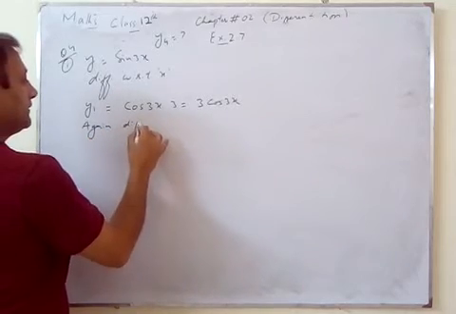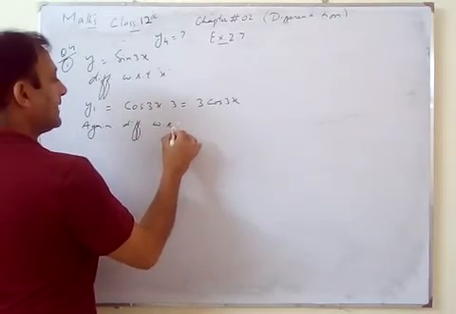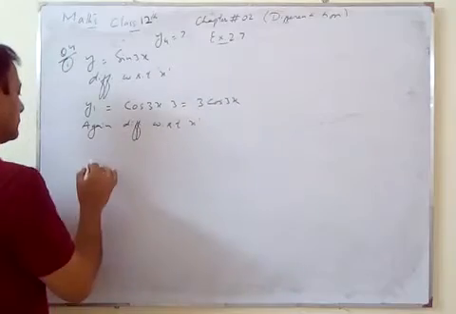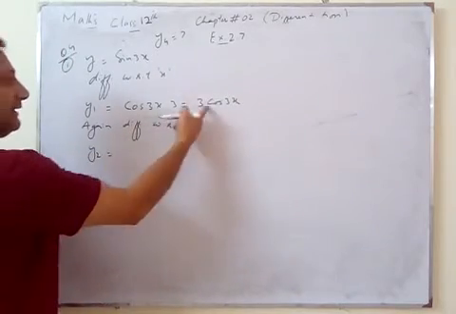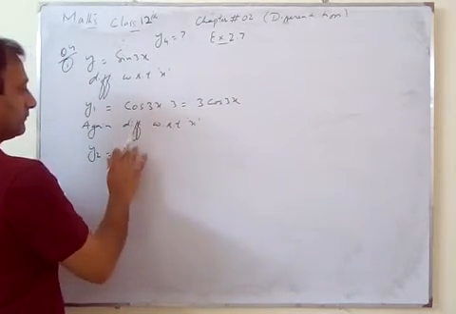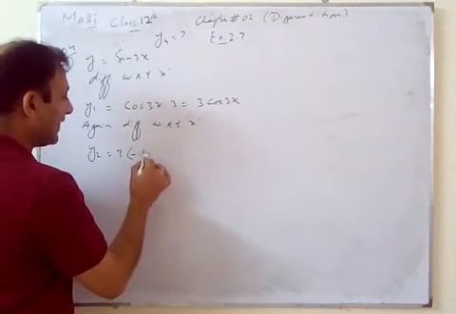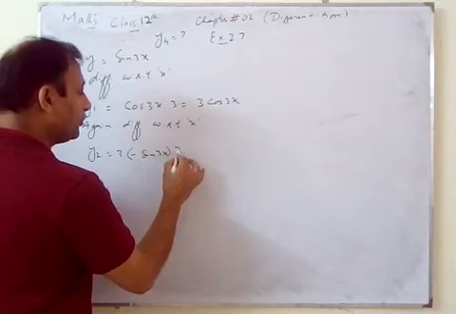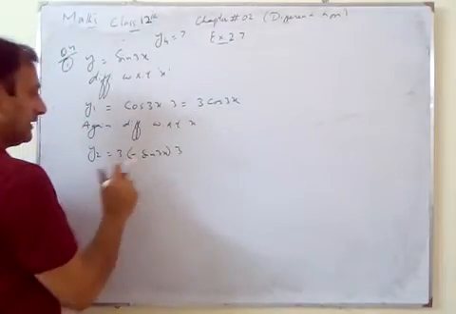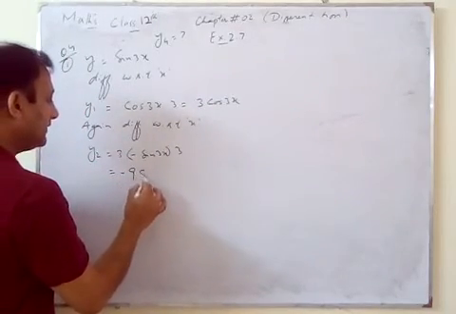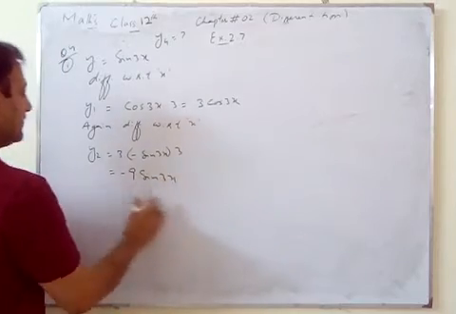Again differentiate with respect to x. So this becomes y2, and 3 is a constant. The derivative of cos is minus sine 3x into the derivative of 3x, that is 3. So minus 9 sine 3x.